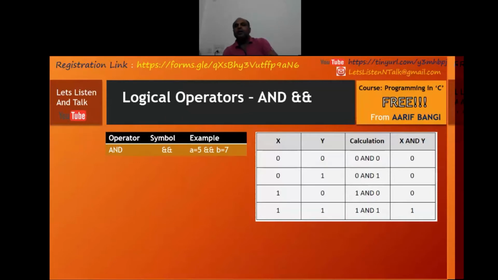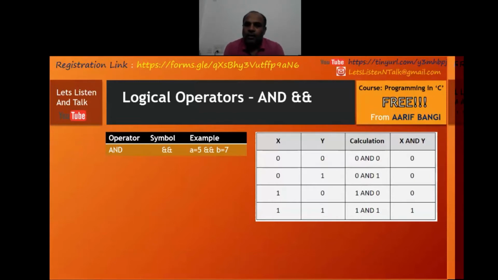Looking at the last row of this table, if x is 1 and y is 1, if both are 1, the calculation is 1 and 1 and the answer will be 1. You understand? In the second row from the top, when x is 0 and y is 1, x and y evaluates to 0.